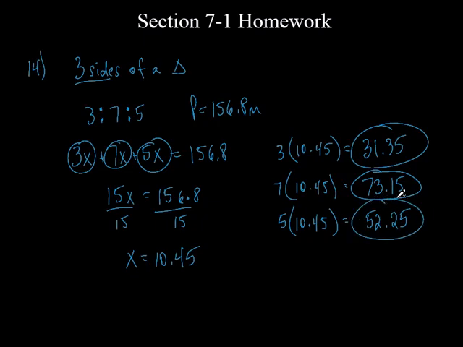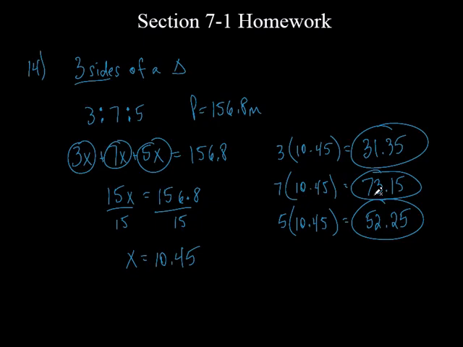Again, that's fine. If you wanted to check to see if they do add up to 156.8, we might be off a little bit because of our rounding, but we should be fine. Let me just do this real quick. 31.35 plus 73.15, and then plus 52.25.